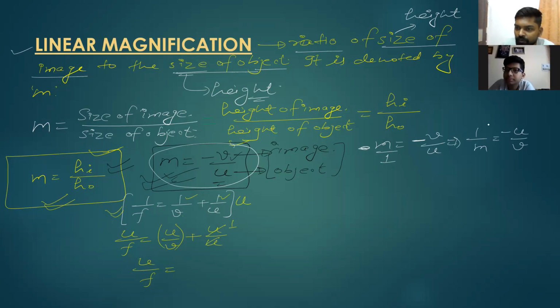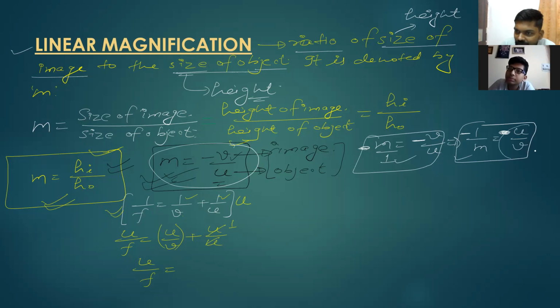So minus u upon v is written as 1 by m. And if you remove the minus from this side and put it at this side, there is no problem. Both equations are same.